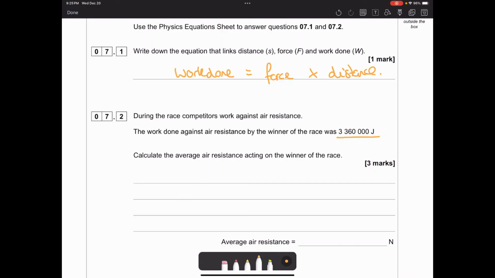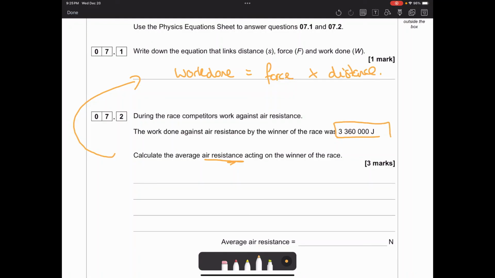Okay, so it's asking us now to work out what the air resistance is. Now they've just asked us to find that equation above, so basically it's going to be asking us to use that equation. Now, work done, what we need to know, is also a form of energy.